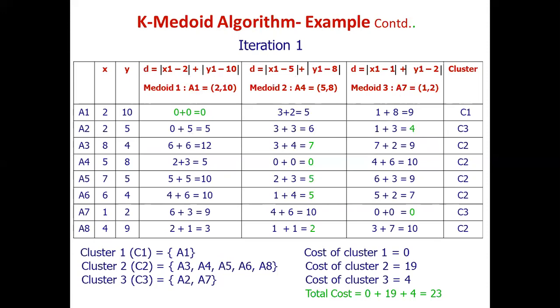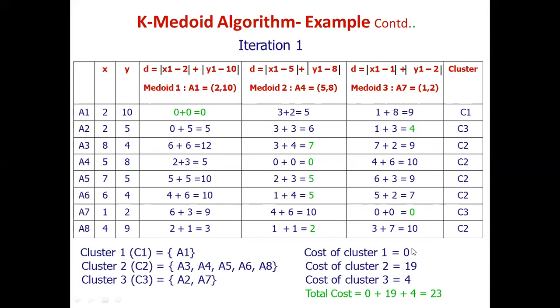Similarly, we have to place the other non-medoid data objects into appropriate clusters. Now we calculate the cost for forming clusters by adding the distances of the data objects present in that cluster. The cost for forming cluster 1 is 0 because it has only the medoid object.